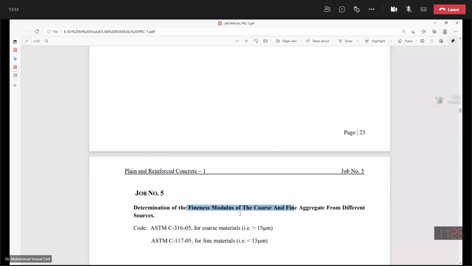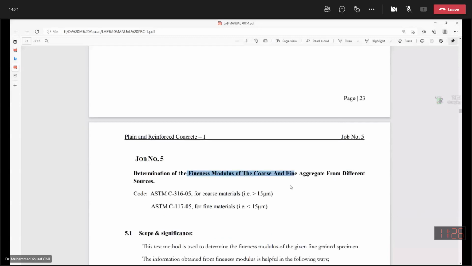If you are finding out the proportion of different sizes of the particles in a given sample, then it is known as gradation, and you have gone through this in your geotech lab.